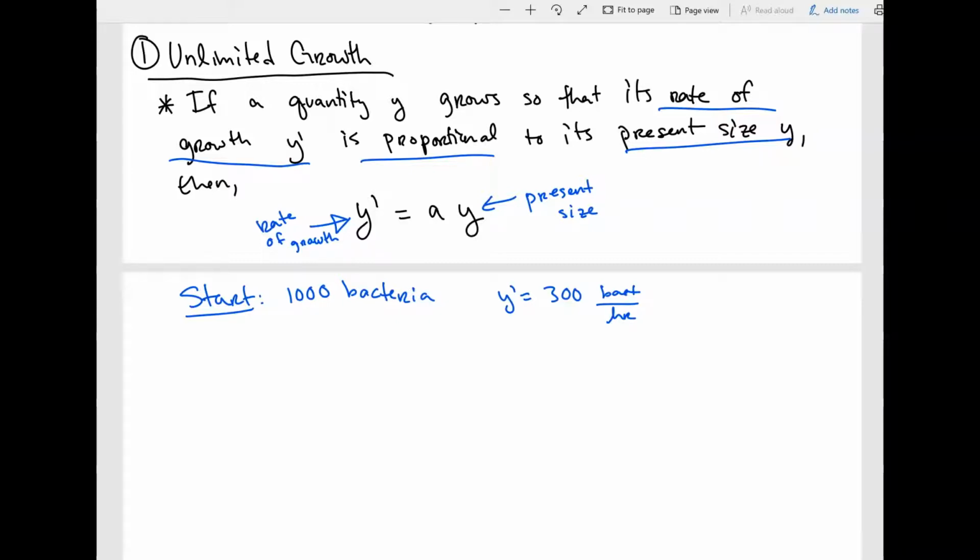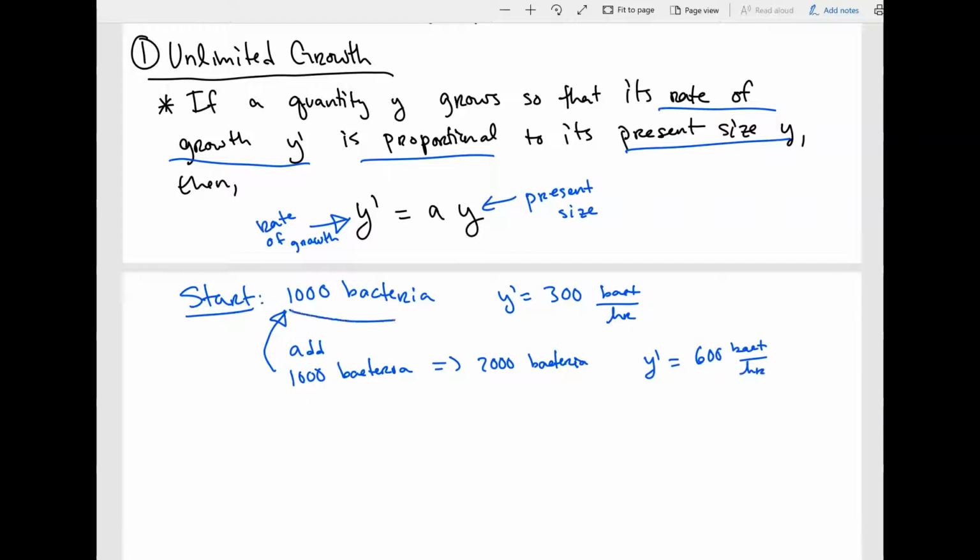Now let's say that I add 1,000 bacteria into these 1,000 bacteria. So now I'm going to have 2,000 bacteria. If I have 2,000 bacteria, then my rate of growth is now going to be 600 bacteria per hour.